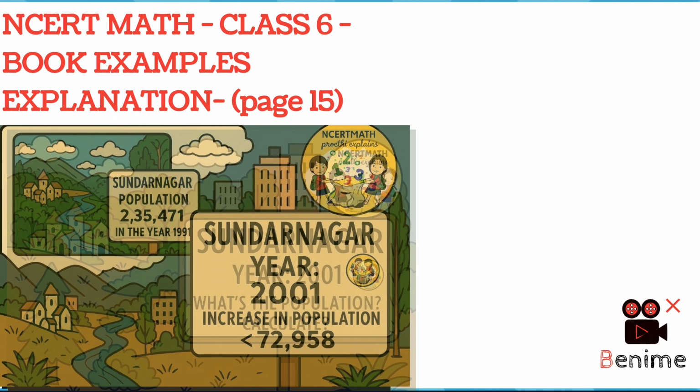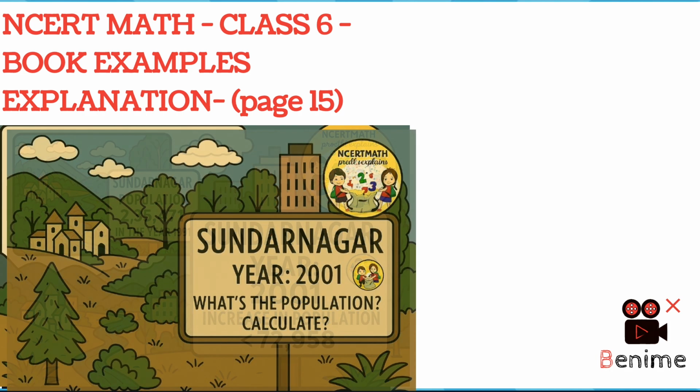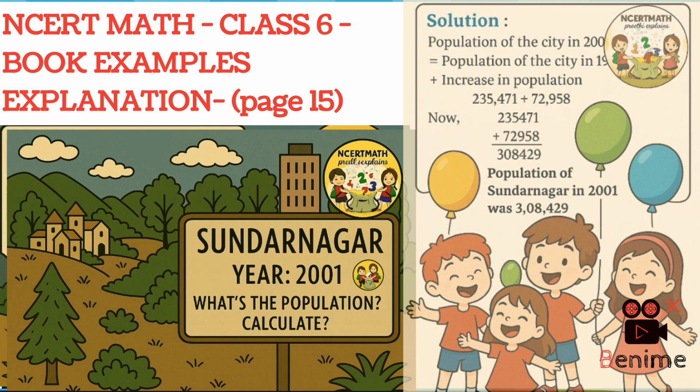Let us consider the population of Sundarnagar in the year 1991 as A, where A is equal to 2,35,471, and it has increased by 72,958. Let it be B. So we have to find C as the population of Sundarnagar in 2001.